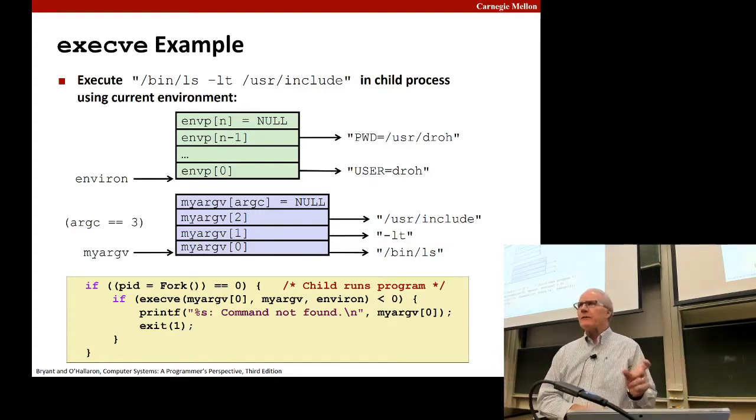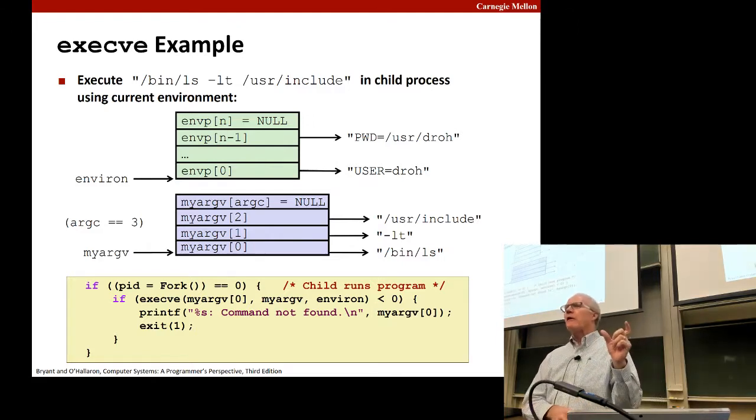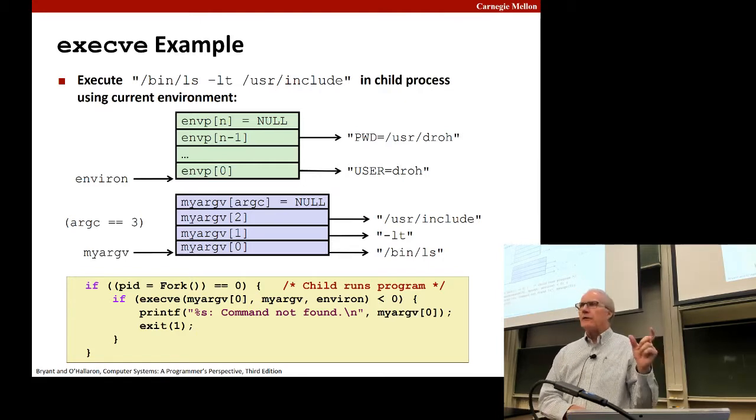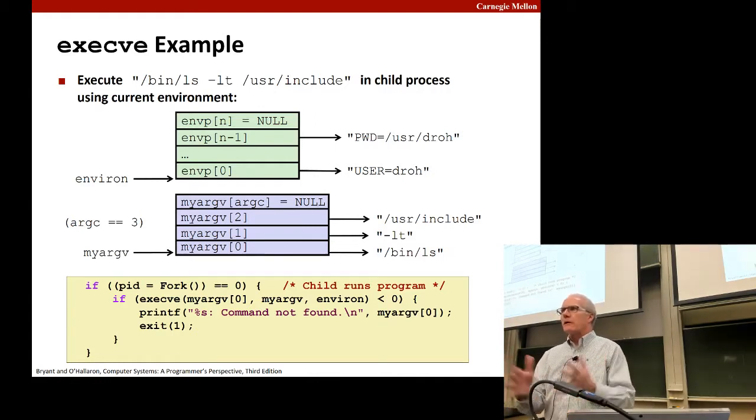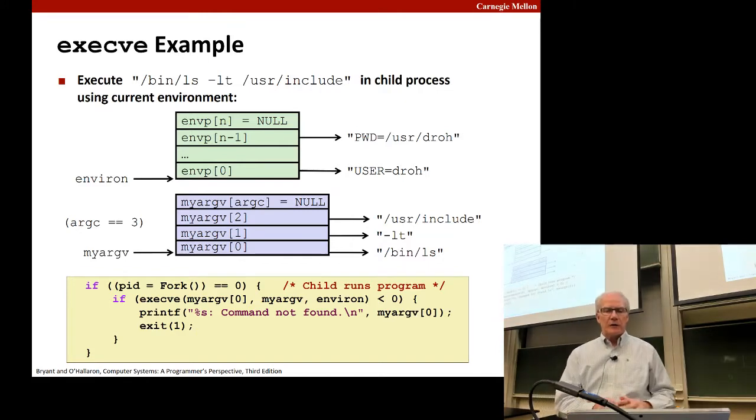For every one of those commands, there's actually an executable file that implements that command. And it's generally in the directory /bin/ whatever the name of that command is. So by saying I want to execute the program that's stored in /bin/ls, that's just the way of saying I want to call the ls command.